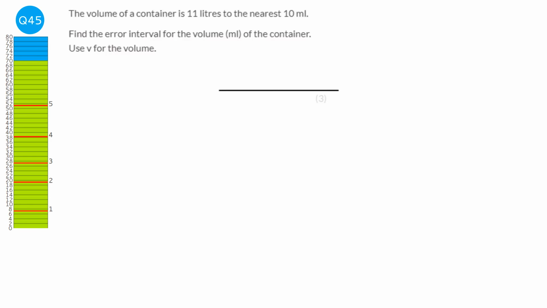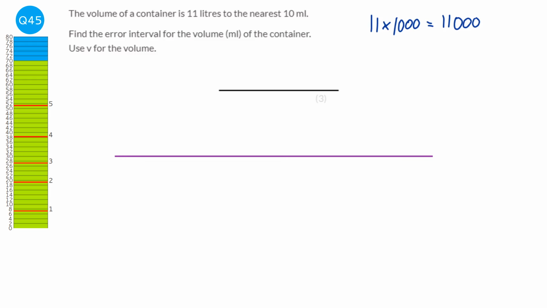So we're going to first of all convert the 11 litres into millilitres. So we're going to do 11 times 1,000, which would be 11,000. Okay, so we're going to draw a number line, and we're going to have the 11,000 in the middle.